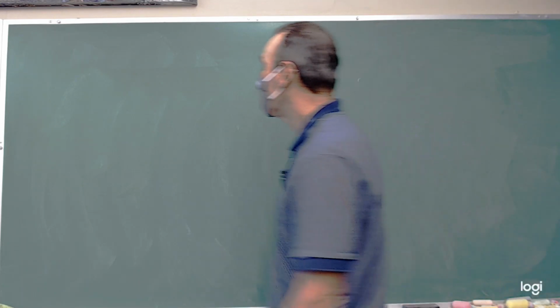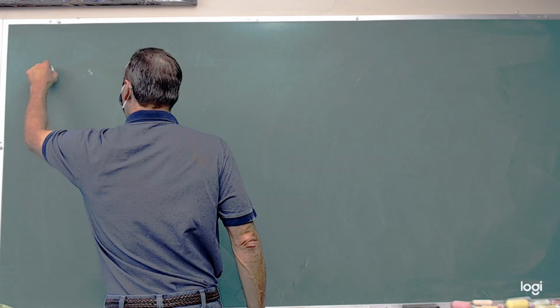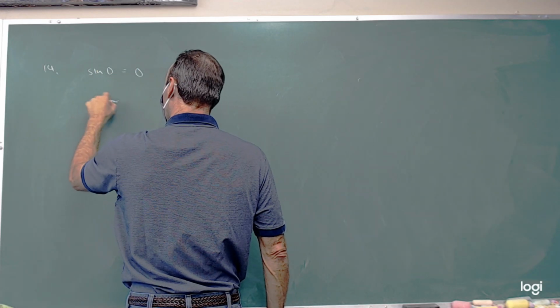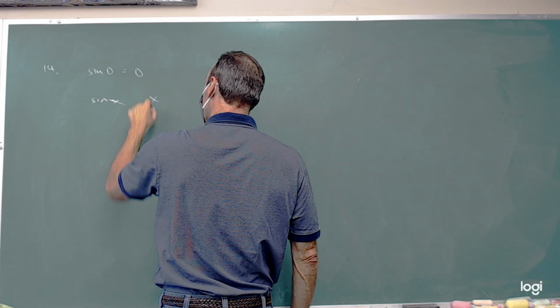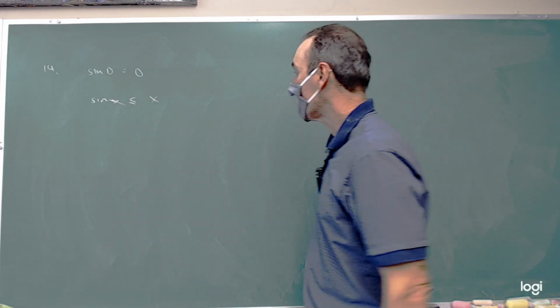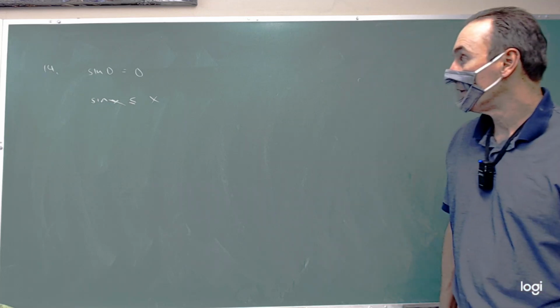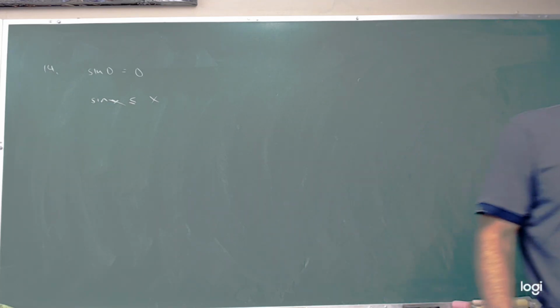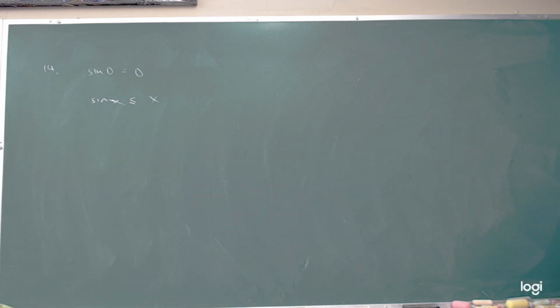Sine of 0 is 0, and we're going to compare sine x to x. We want to show that sine of x is less than or equal to x for all x greater than or equal to 0.